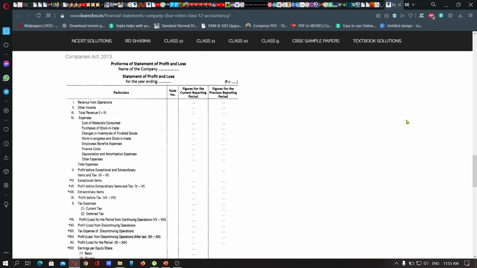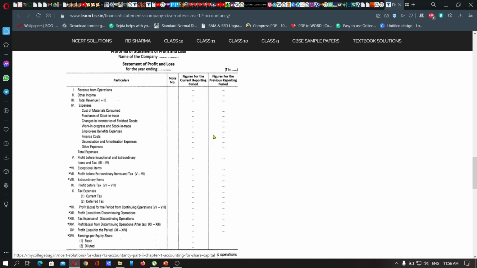Before we go deeper into the details, just like the final accounts, this is also a single statement. It is a single continuous statement consisting of incomes in the first half, after that expenses, and after that how the profit is distributed to the shareholders.